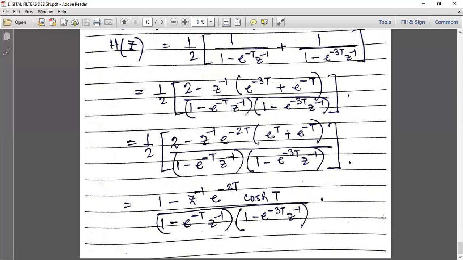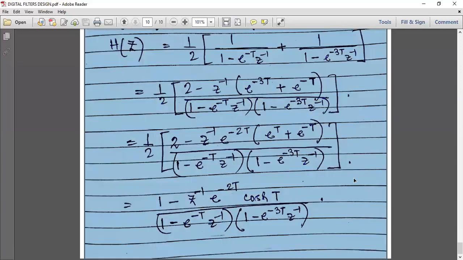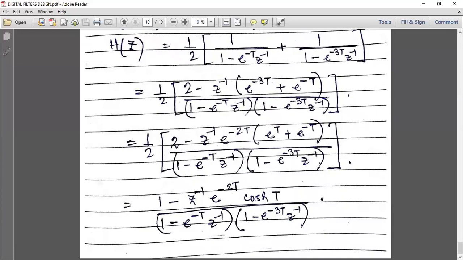Actually, if you don't come to the last step also, if you go till the previous step, it is enough. But if you want, you can simplify. Otherwise, no need. Actually, what is cosh t? Cosh t is e to the power t plus e to the power minus t, whole divided by 2. So I have just replaced it, and I have got this answer.